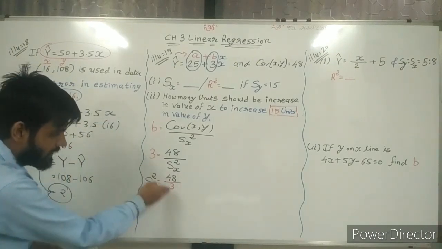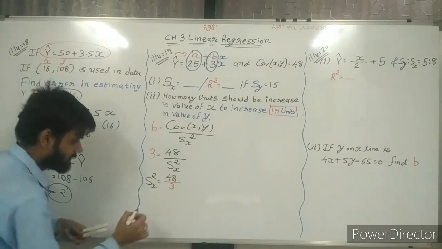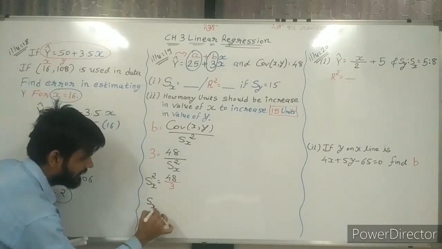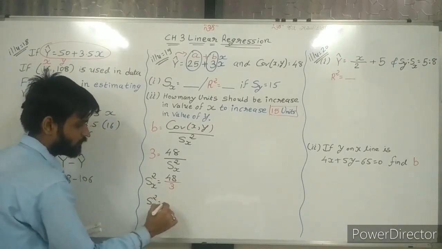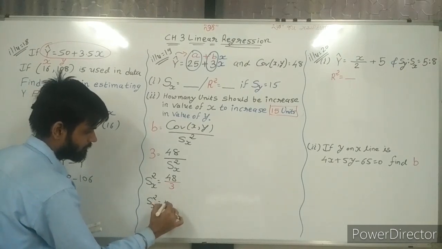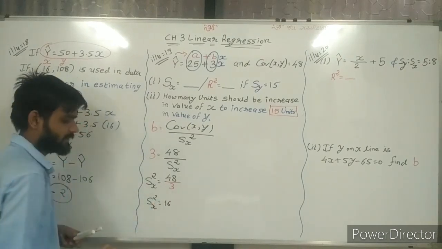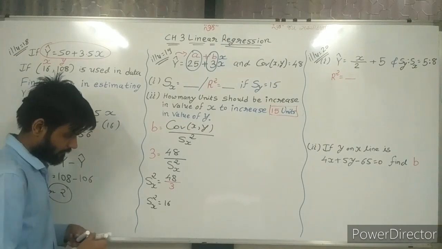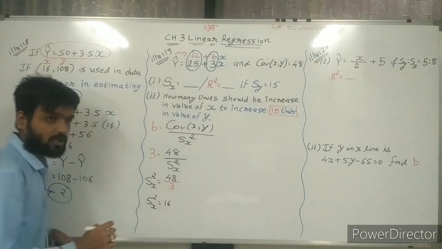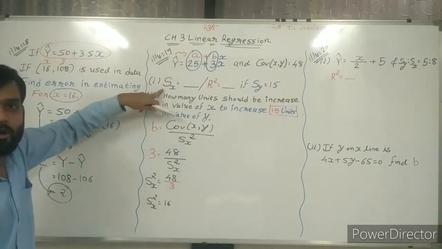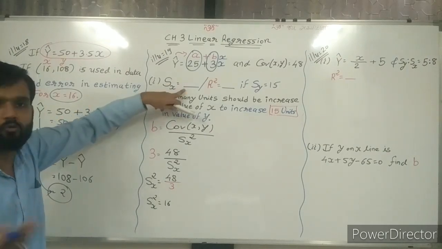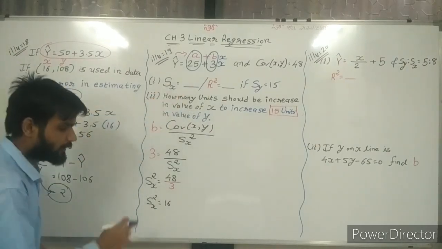Now, sir, divide it. We are getting Sx square is equal to 16. Now, sir, what do we actually need? We need only Sx. Sx is equal to what? We don't know. So how can we find Sx?